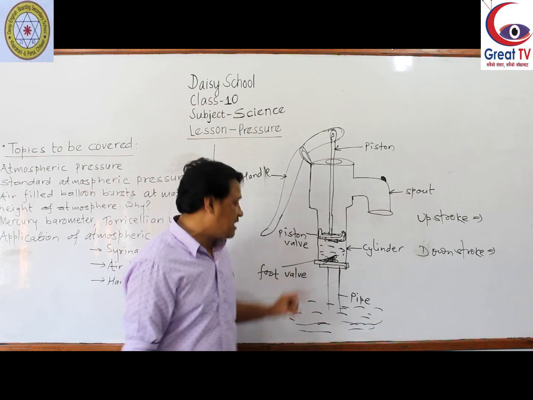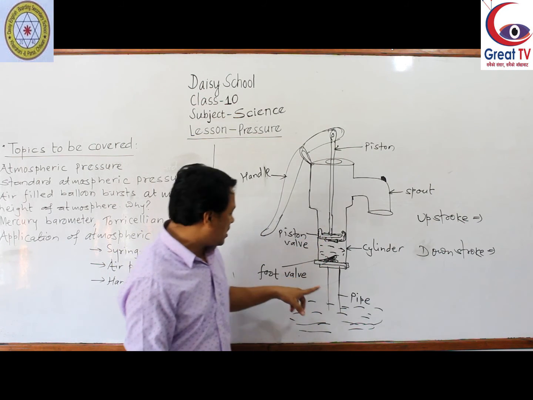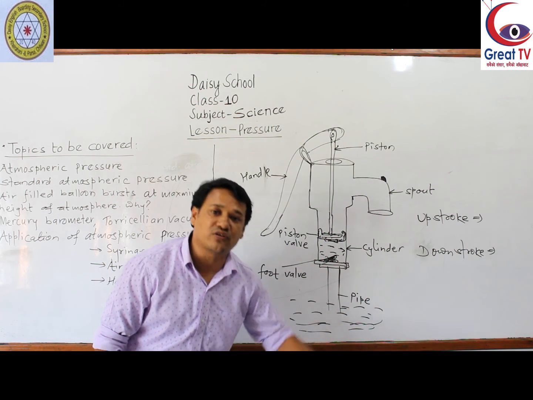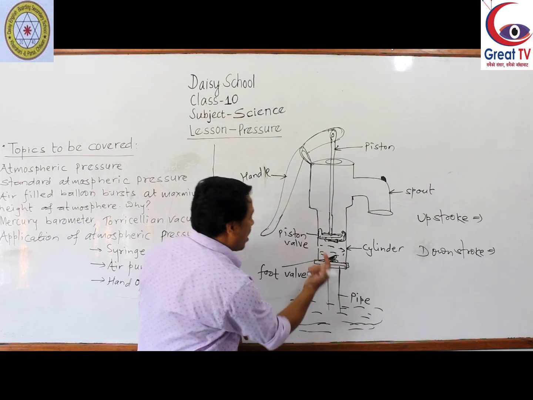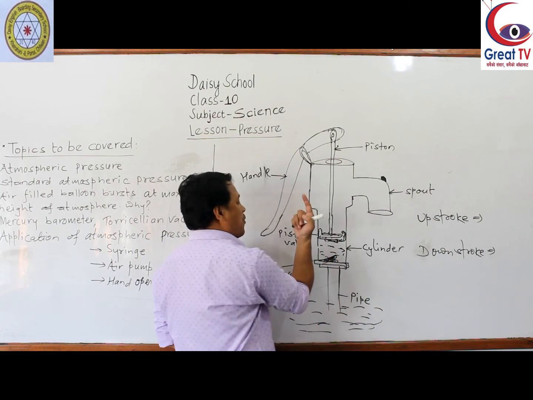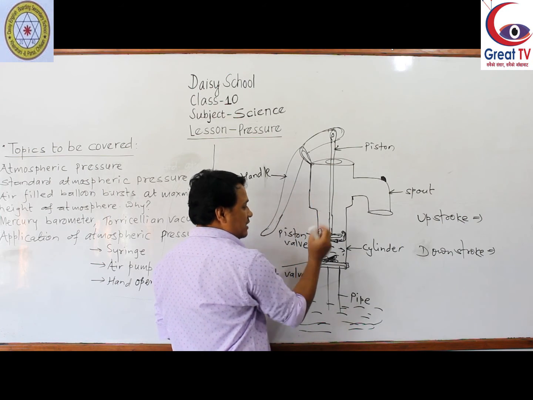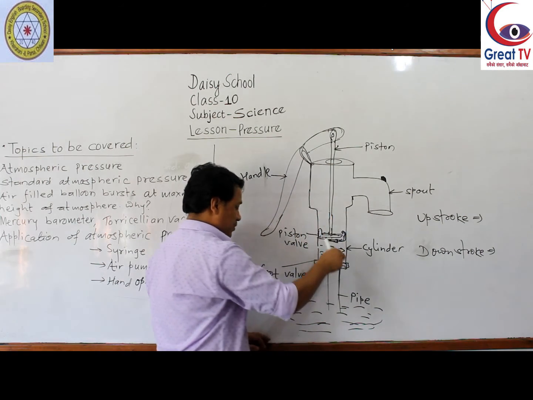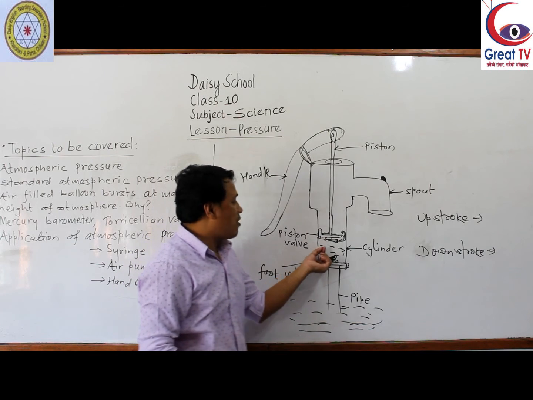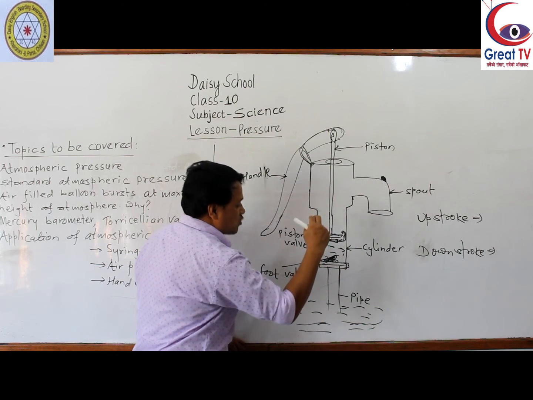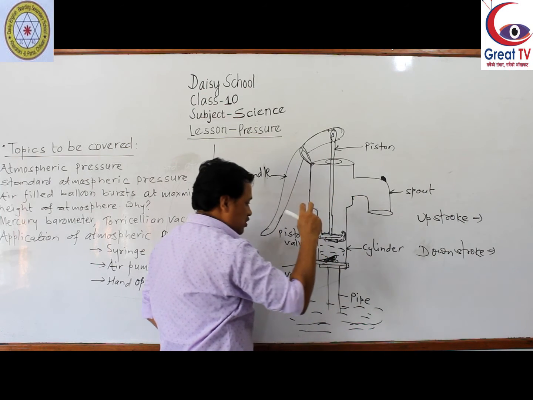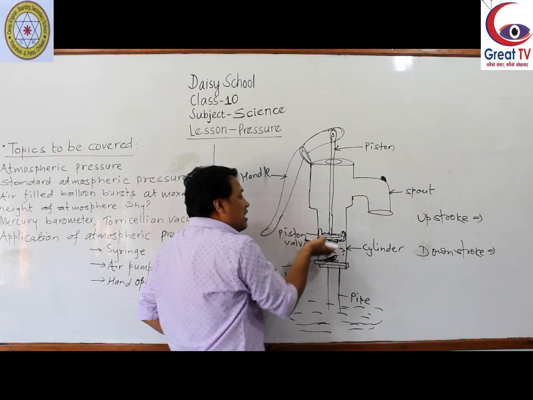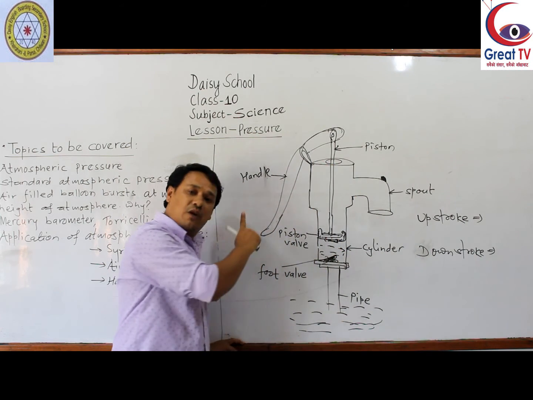Due to the high pressure, the foot valve is pressed down, that is, closed, and the high pressure of water pushes the piston valve upward. So the piston valve opens, and the water collected in the cylinder is lifted upward through the piston valve.